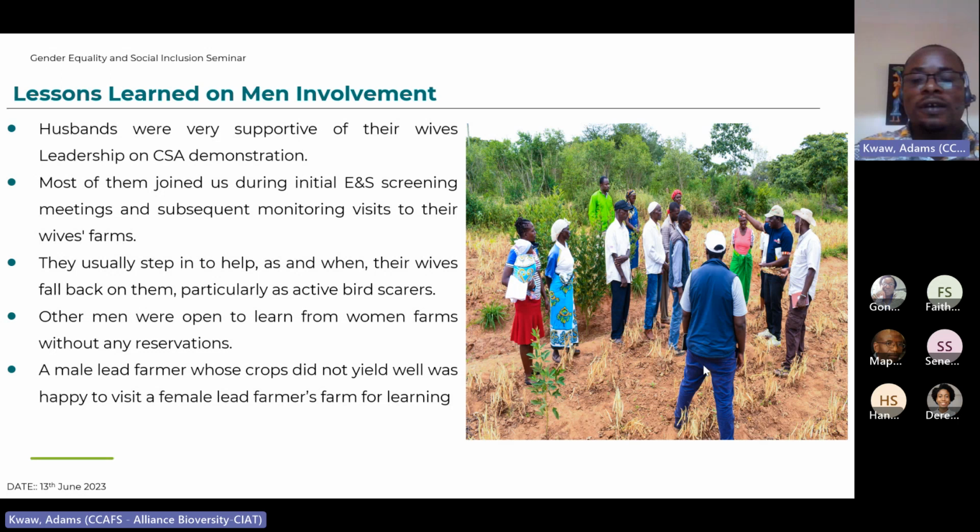And just to emphasize, it means that working through women, particularly in the context of Kenya, to demonstrate farm knowledge and innovation does not necessarily discourage men from coming to the demo sites to learn. And therefore, going forward, if we want to promote balanced participation, it's important that we prioritize using more women as lead farmers.